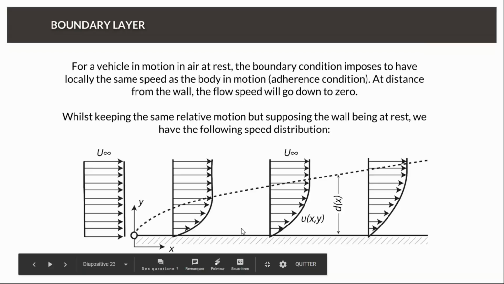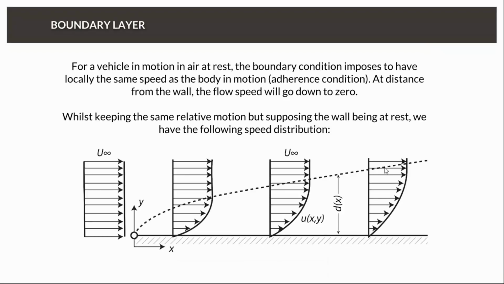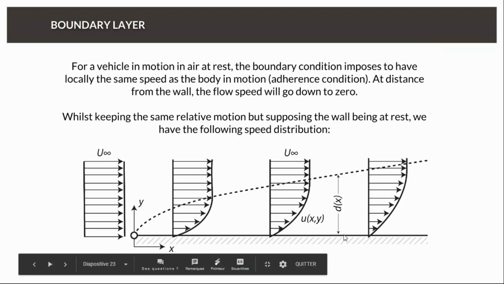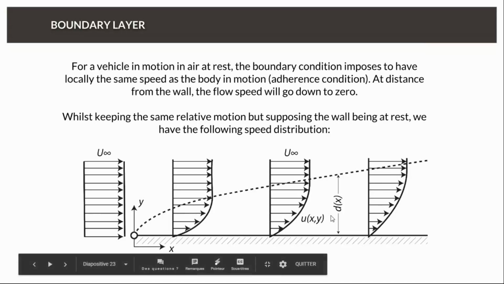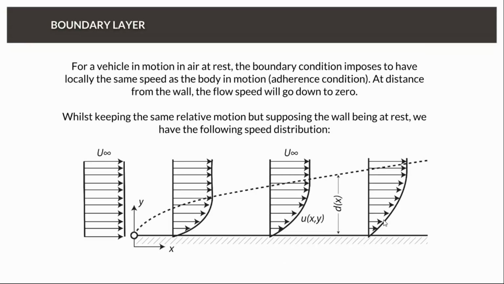Then the more we progress on the flat plate, the more the boundary layer will increase in size, because it will depend on the distance of the particles on the plate, and little by little we will lose more and more flow rate. So the viscous effect will be more severe towards the end of a body than at the start of it.